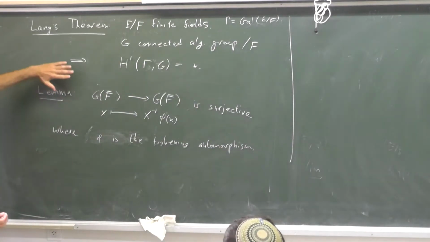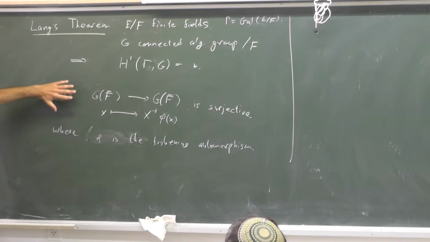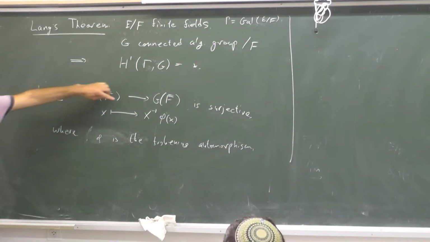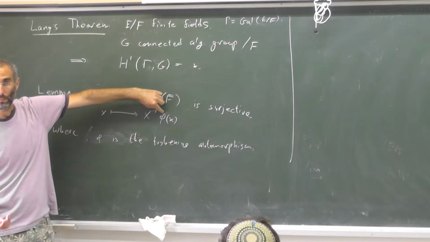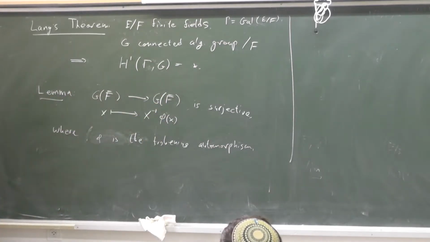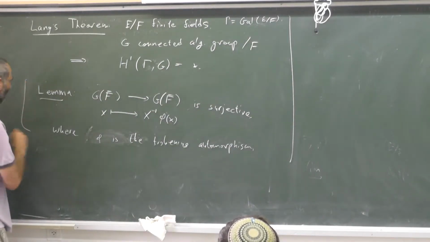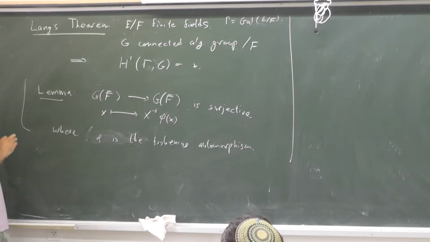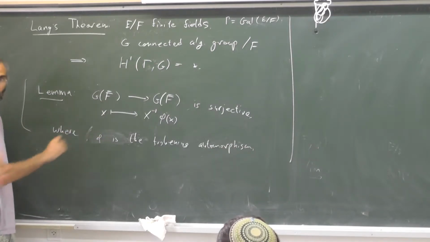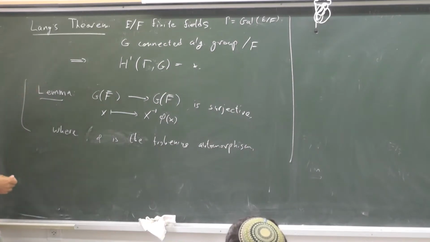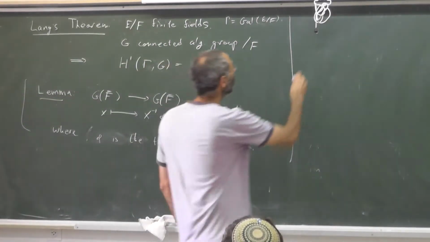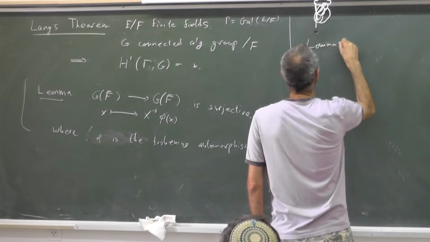And what goes into the proof of the lemma is the fact that phi, unlike in characteristic 0, here the automorphism of the field is actually an algebraic map. Raising things to the power of q is a polynomial. So I will postpone the proof of it, but I will be strongly using the fact that phi, or this map, is algebraic. Okay? But now I'll explain first how the lemma implies the theorem.